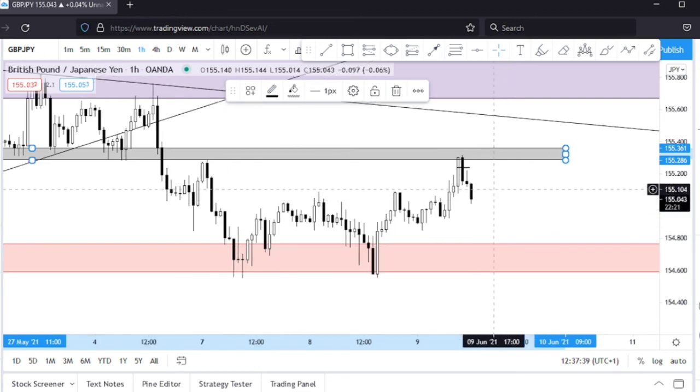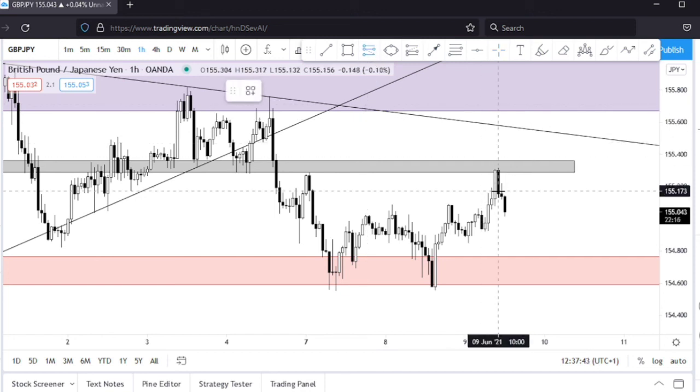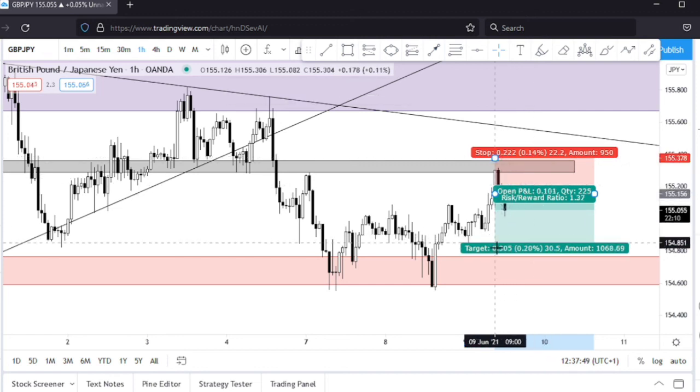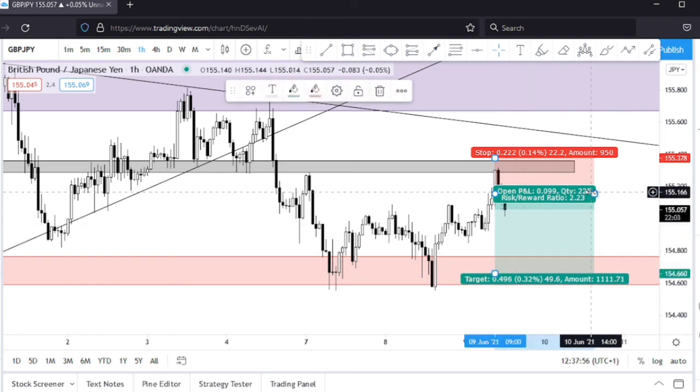So if you were able to take this opportunity on GBP, I'm sure you would have probably sold on formation of this candle with your stop loss up here for about 20 pips or so, and you take profits probably around this level of about 50 pips TP.